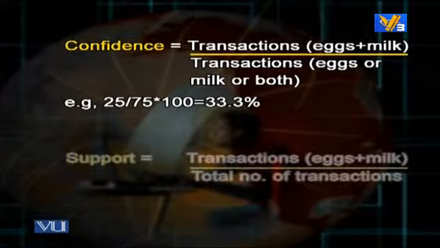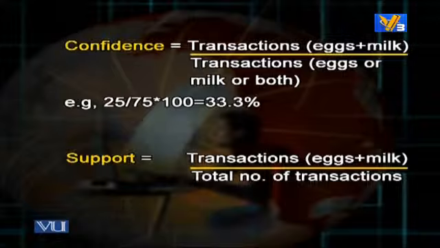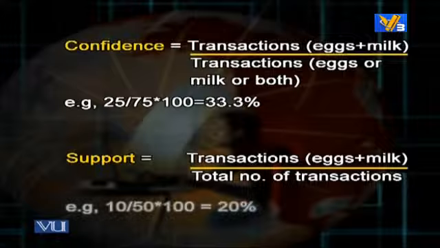On the other hand, support, you can see, is equal to transactions in which eggs and milk are sold together divided by the total number of transactions. So if in a day there are 10 such transactions in which eggs and milk are sold together, and there are a total of 50 transactions in a day, when we divide 10 by 50 and multiply by 100, we get 20%.